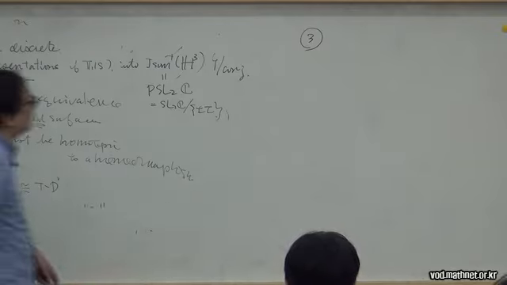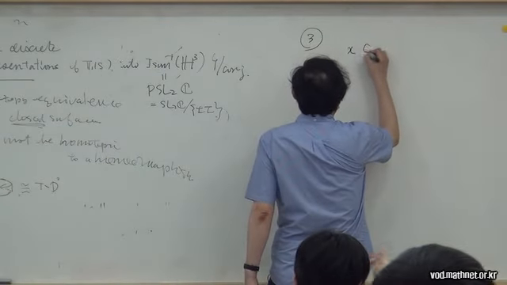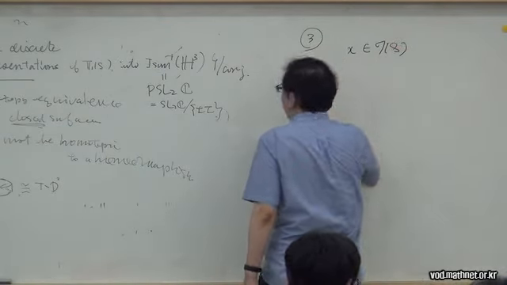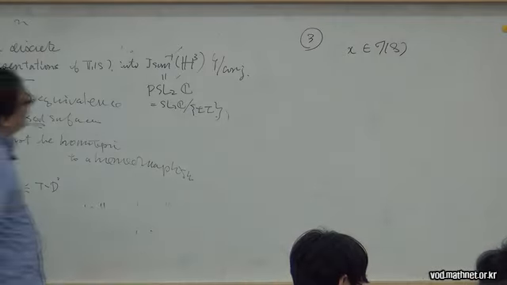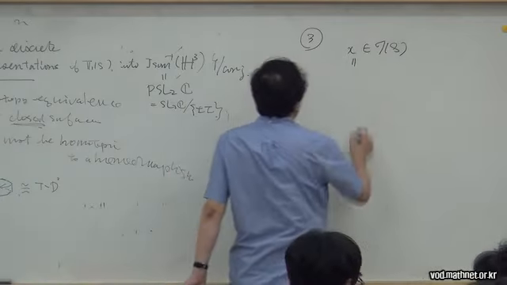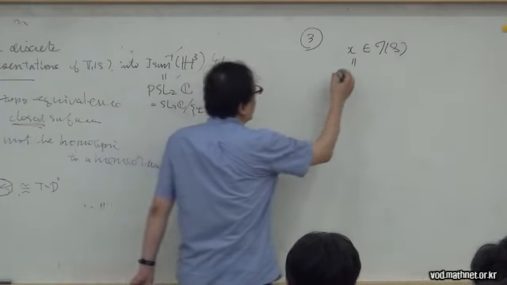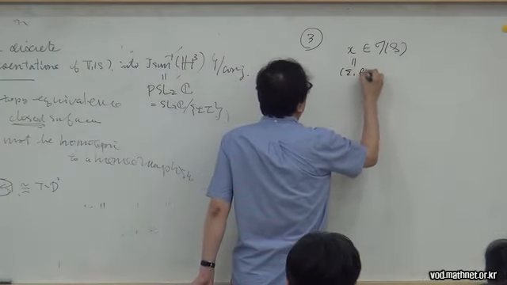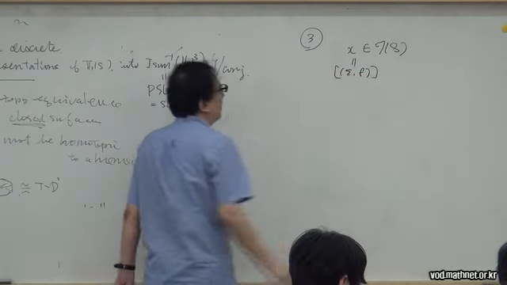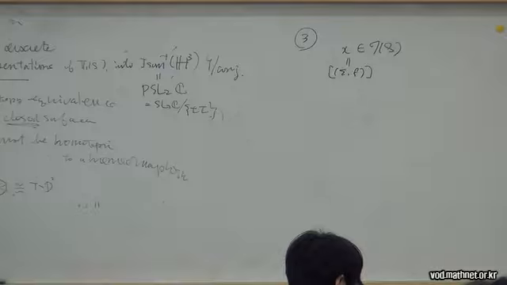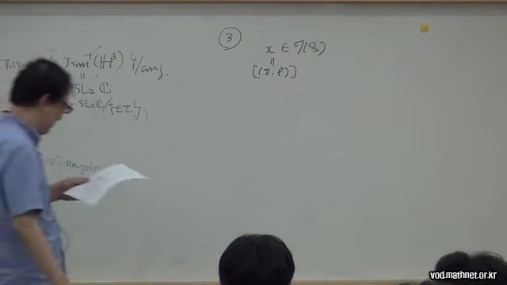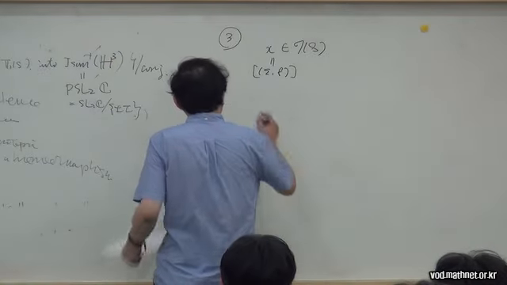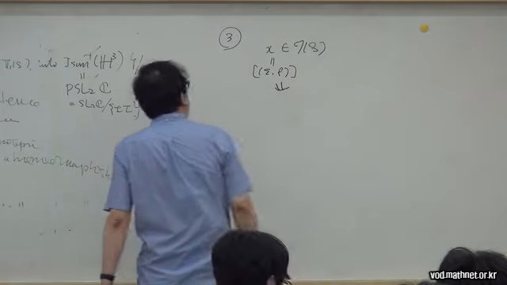We start from some point X in a Teichmüller space. As I defined in a previous one, it's an equivalence class of pairs sigma and f, where sigma is a Riemann surface and f is a homeomorphism.